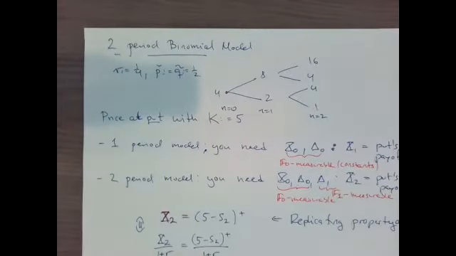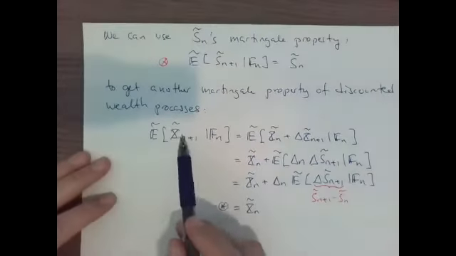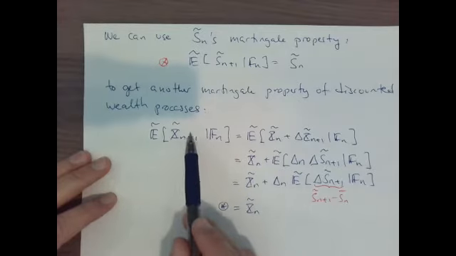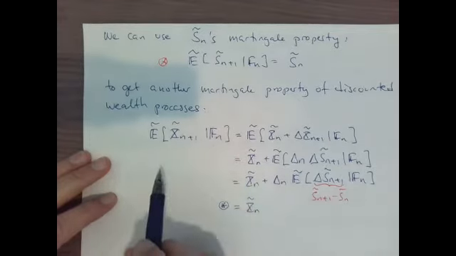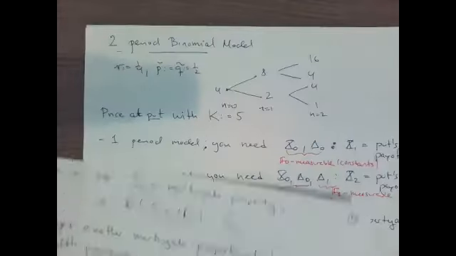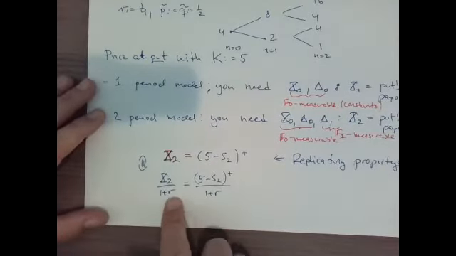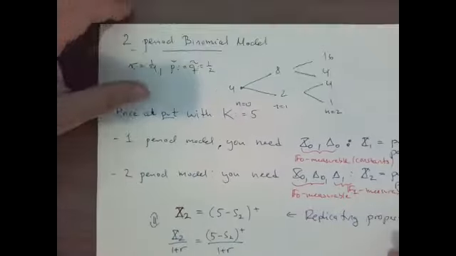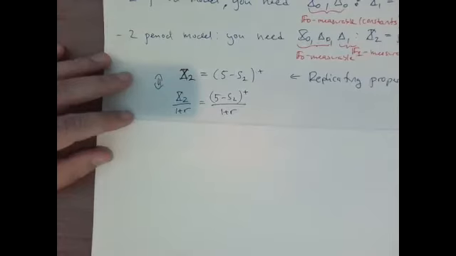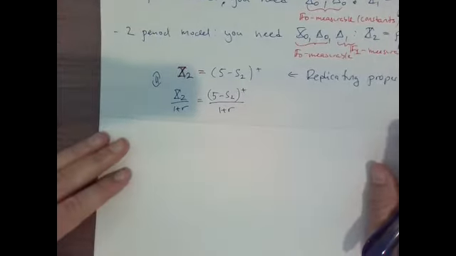The martingale property for the wealth process is something that happens for the discounted wealth. This is not going to work for the undiscounted, the one without tilde on top. So to use the martingale property for the wealth process, I have to change numeraire. I have to change the way that I measure my wealth, and I have to switch over and use the bank account as what I denote in.